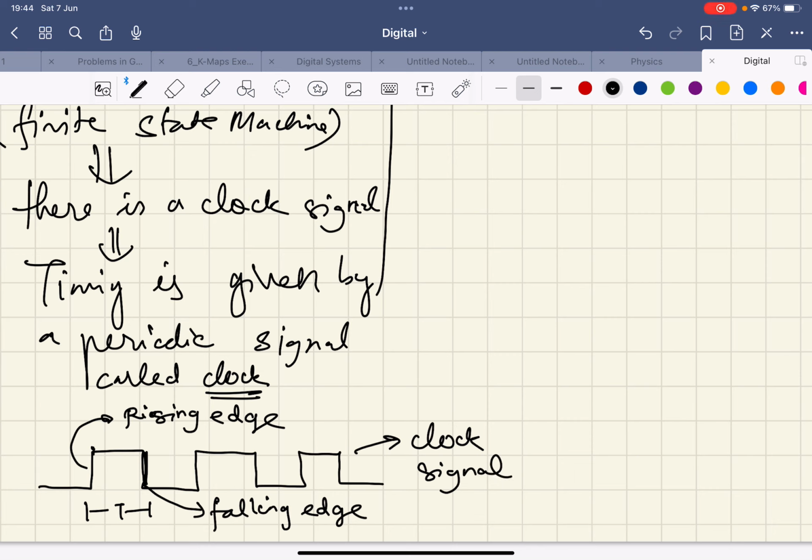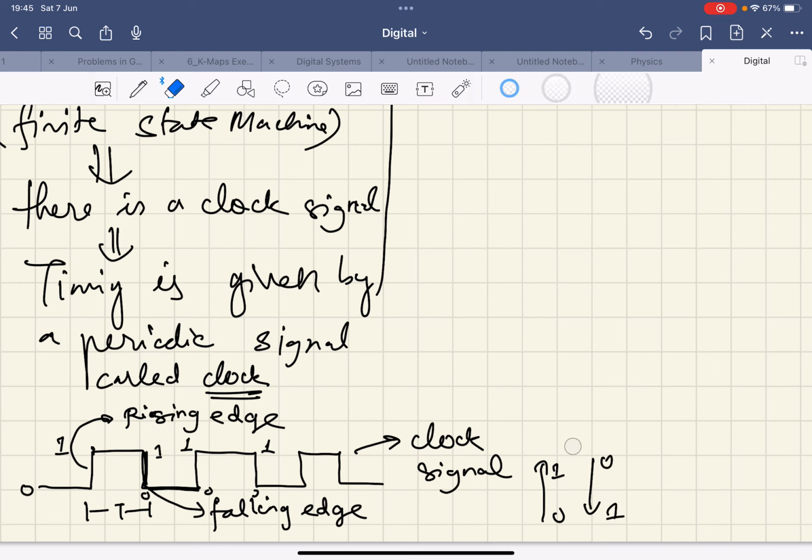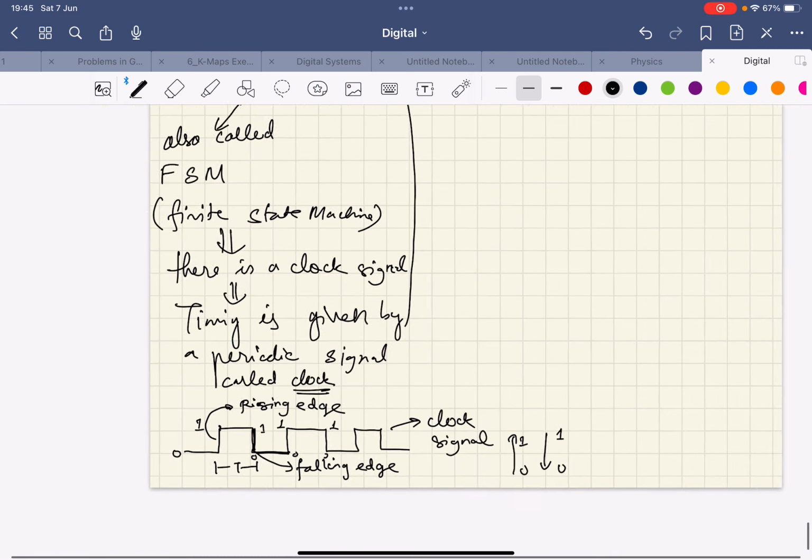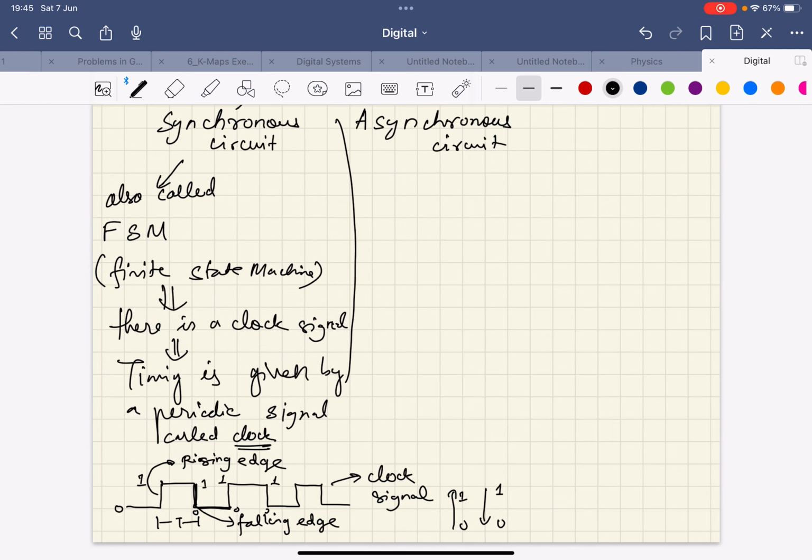How does the clock work? It goes 0, then 1, then from 1 to 0. Then it waits for some time, then 0 to 1, 1 to 0, falling and rising. For rising, it goes from 0 to 1. For falling, it comes down from 1 to 0. Got the point?